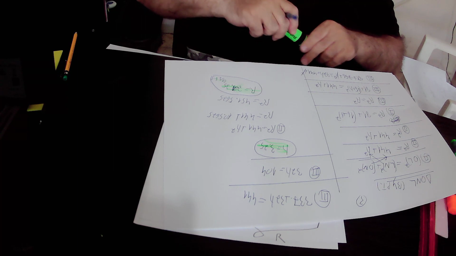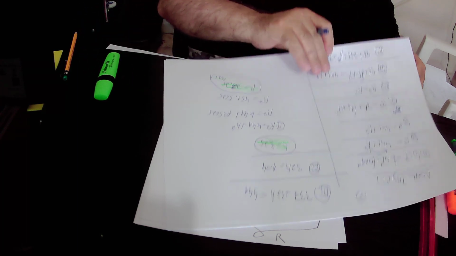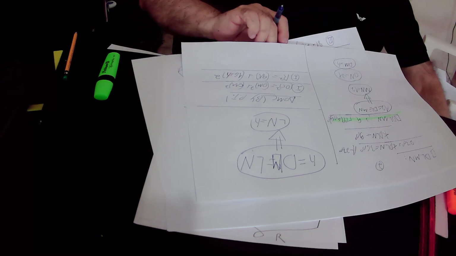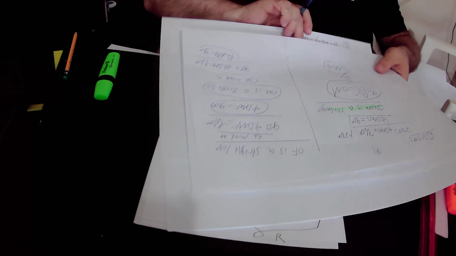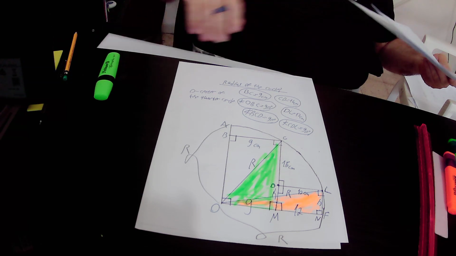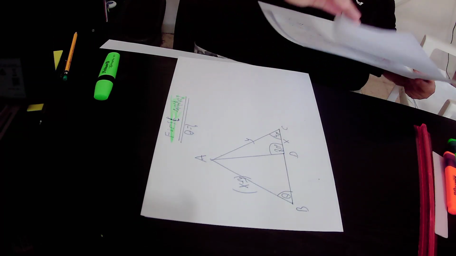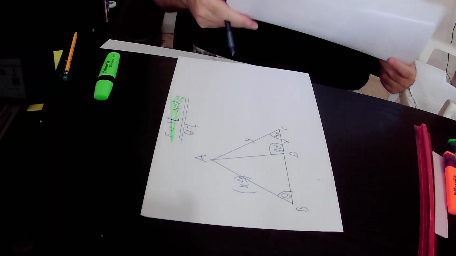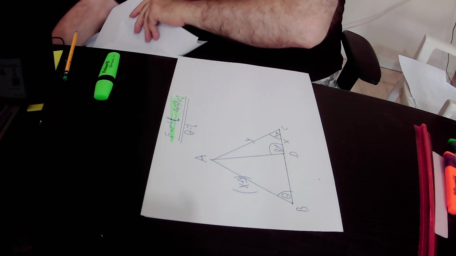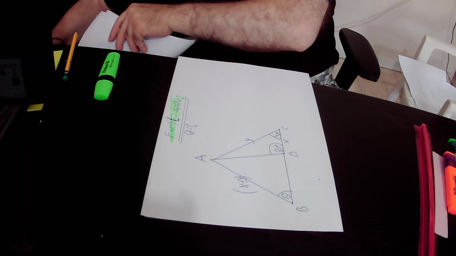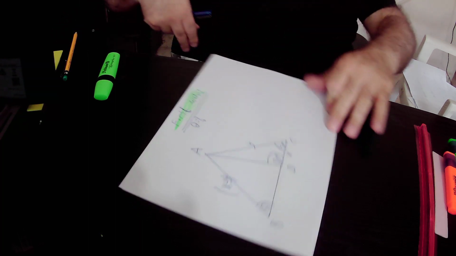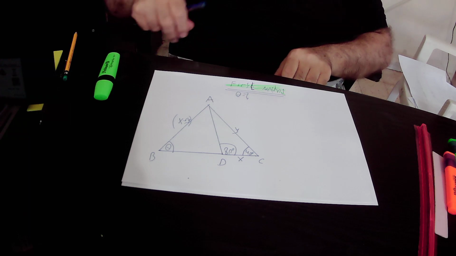In the next step I present to you the second question, and we'll solve the second question in two different methods. Okay. So in the drawing we have triangle ABC.